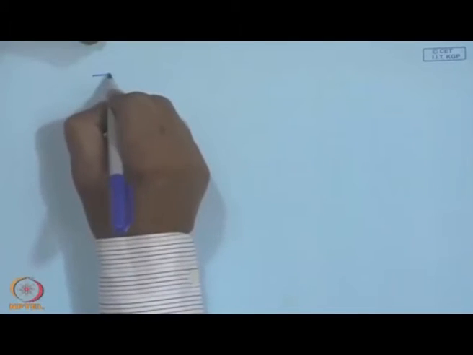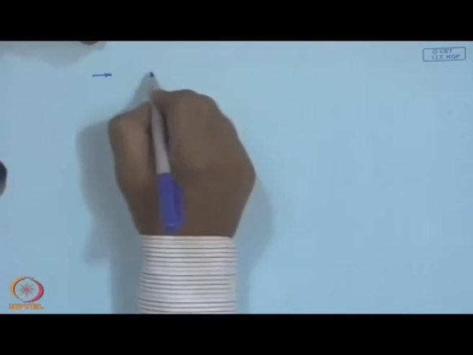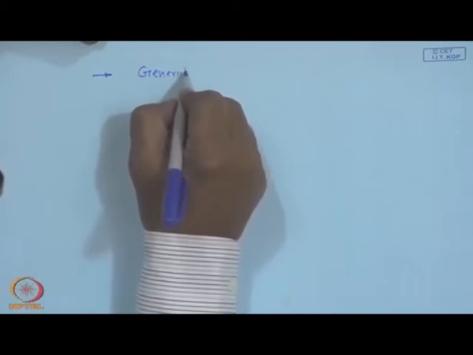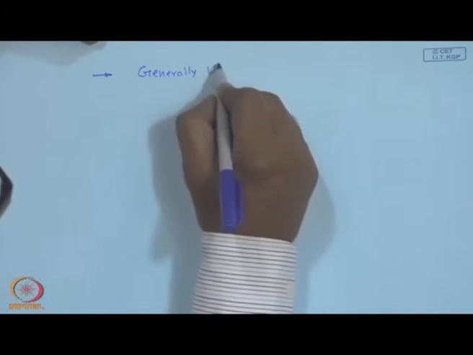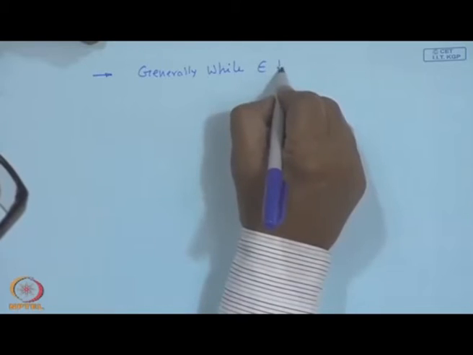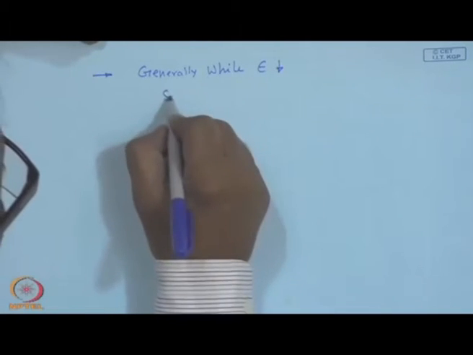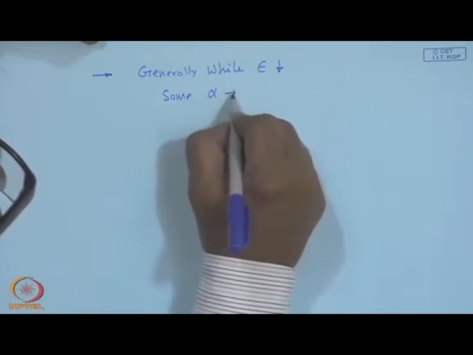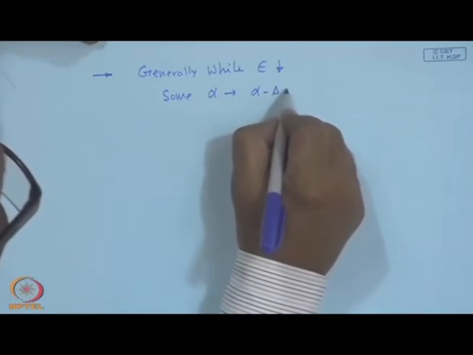So, this is where the material science research goes on. Generally, while epsilon is reduced, alpha goes to alpha minus delta alpha.